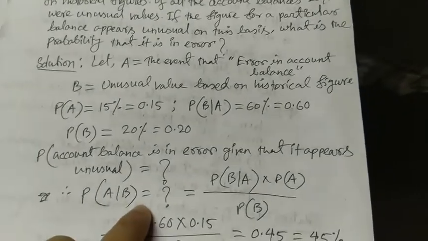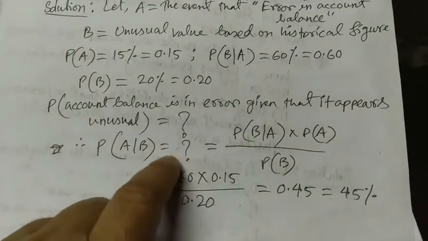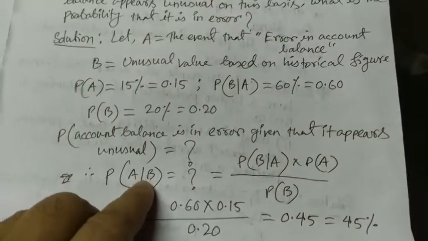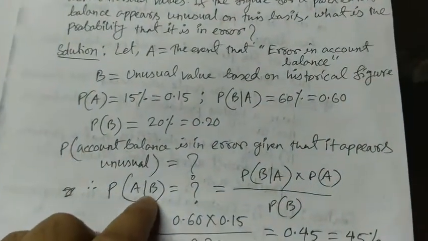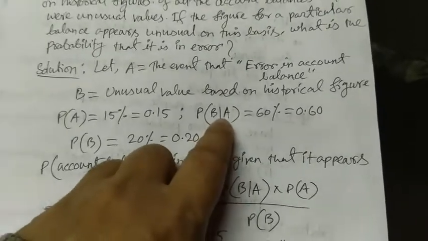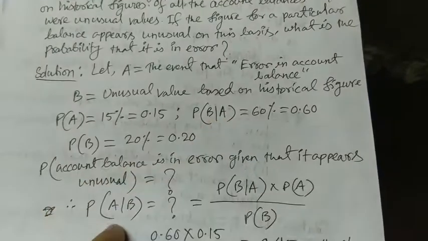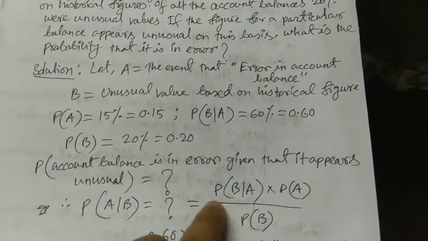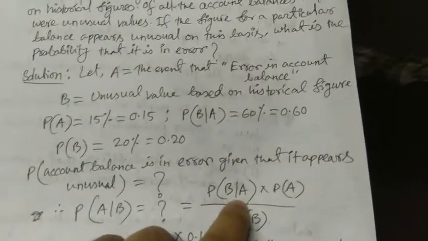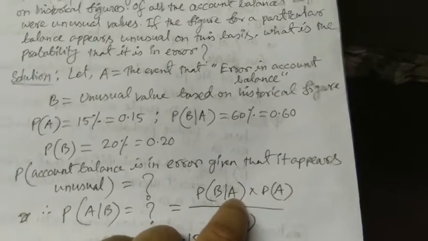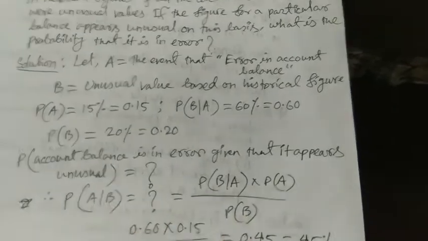So A given B. From Bayes theorem, we already have B given A, but we need to find A given B. A given B is the reverse of B given A, so we can use Bayes theorem. The probability of A given B is equal to the probability of B given A, the reverse one, multiplied by the probability of A, divided by the probability of B. This is Bayes theorem.